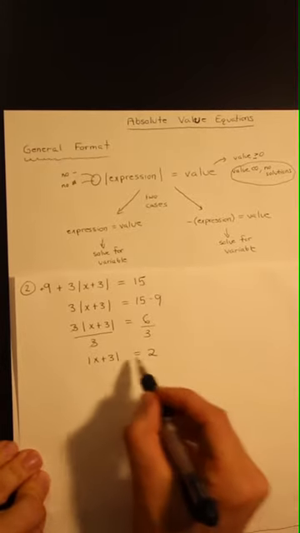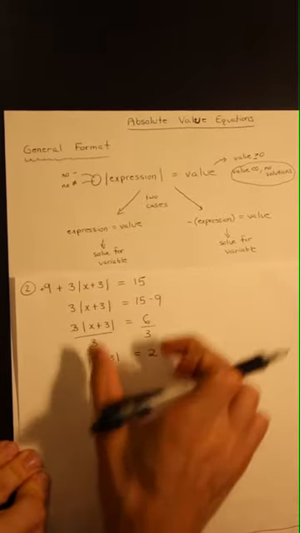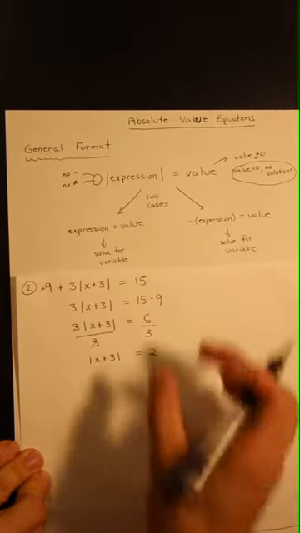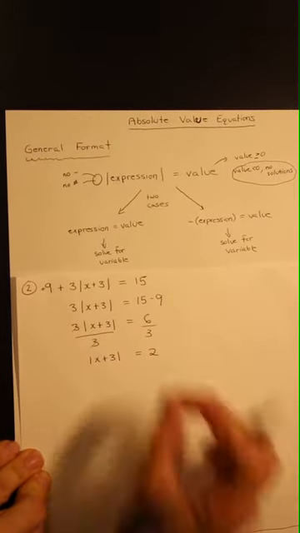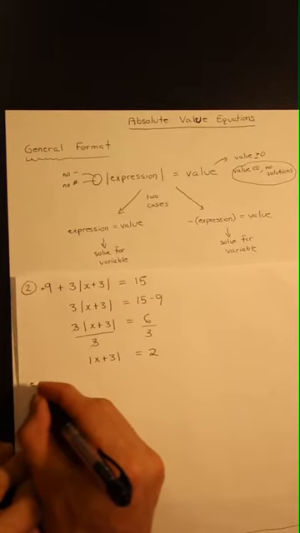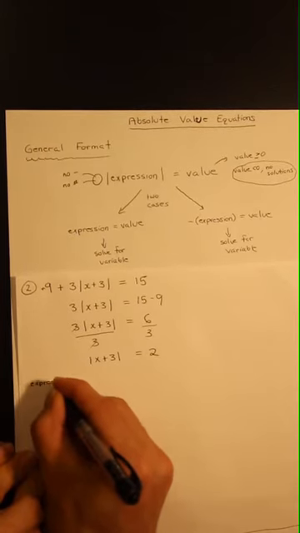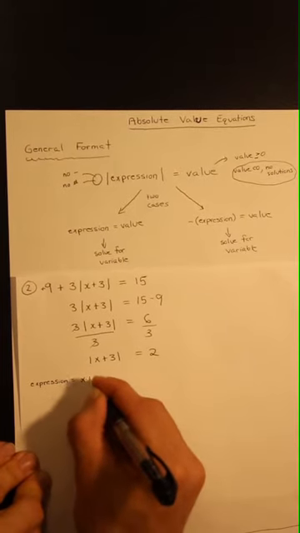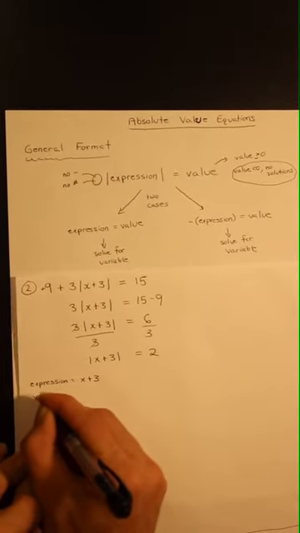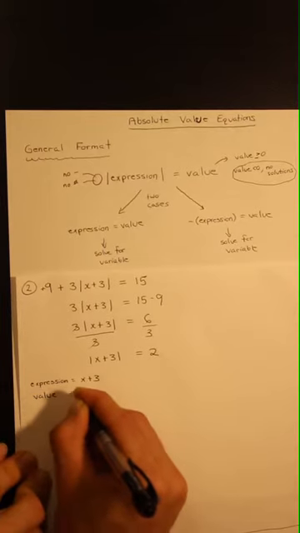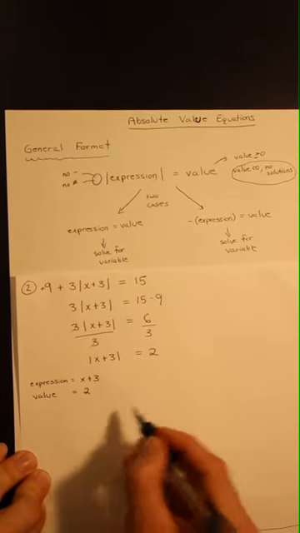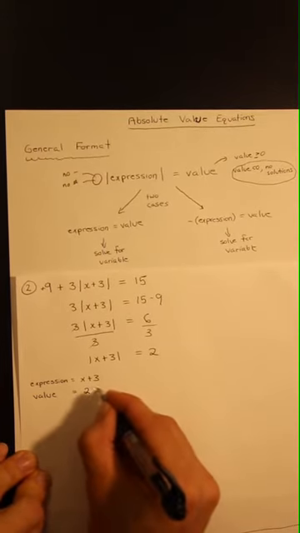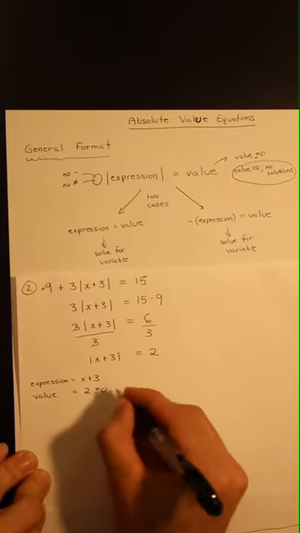And as you can see, now we have it in the general format that we want, where the absolute value of an expression is equal to a certain value. So what's our expression? Well, our expression is x plus 3. And what's our value? It's 2. And this is greater than or equal to 0.